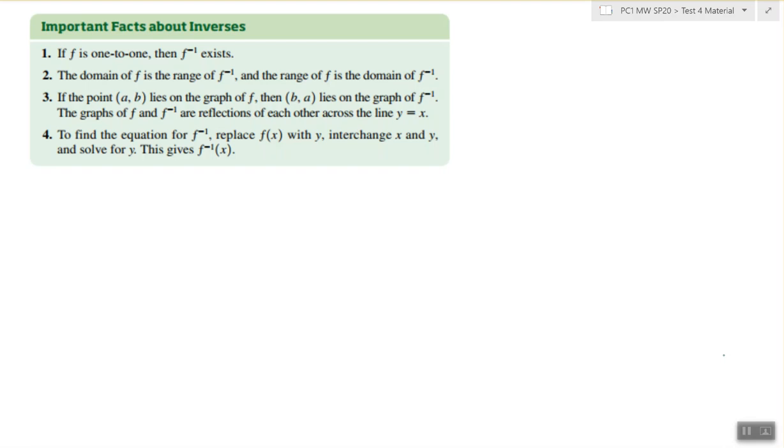The graphs of f and f inverse are reflections of each other across the line y equals x, as we just saw. To find the equation for f inverse, replace f of x with y, interchange x and y, and solve for y. That gives you f inverse of x, using the correct notation.